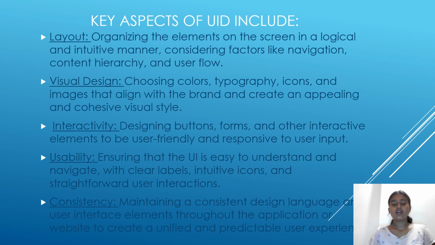Usability: ensure that the user interface is easy to understand and navigate with clear labels, intuitive icons and straightforward user interactions. And lastly, consistency: maintaining a consistent design language and user interface elements throughout an application or website to create a unified and predictable user experience.